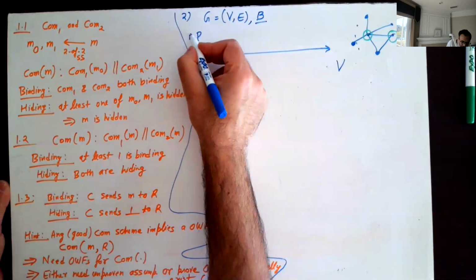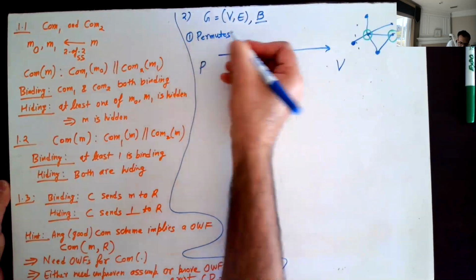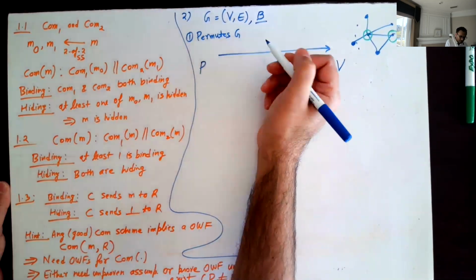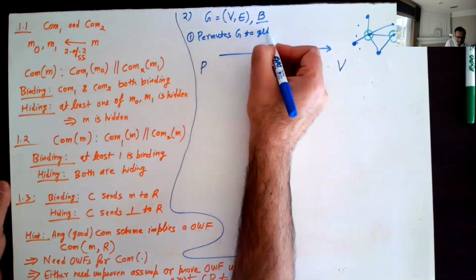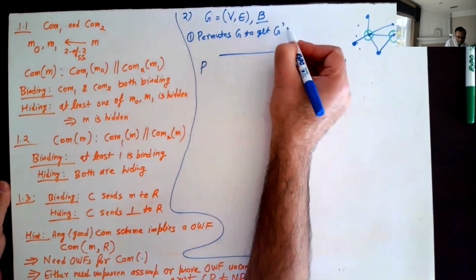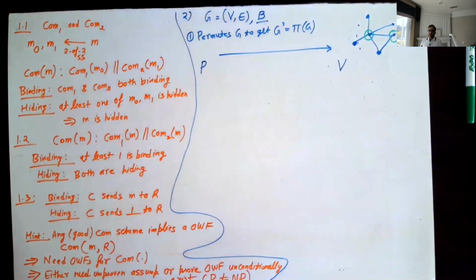So this is step 1. Prover permutes G to get, let's say, G prime, which is equal to pi of G. So pi is a random permutation.